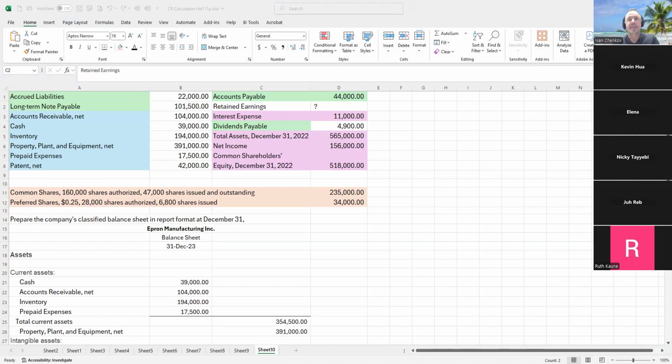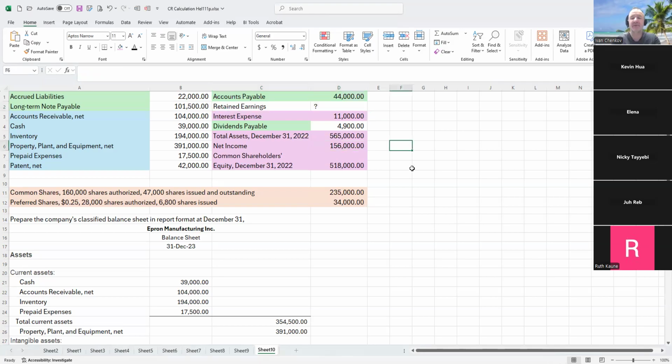Current assets minus liabilities minus equity. Exactly. Just balance it, right? That would be the easiest way. We don't have enough information to come up with the net income minus the dividend payable. Or maybe that might be something.